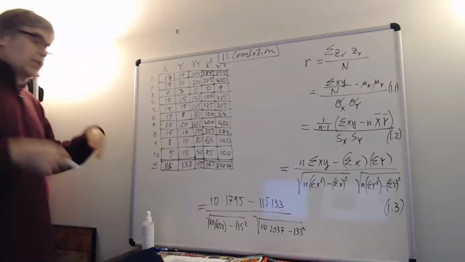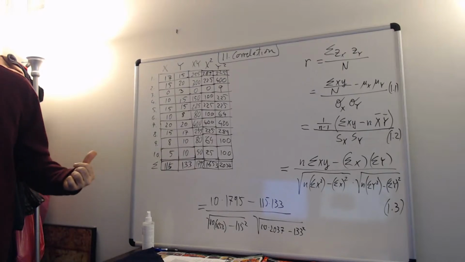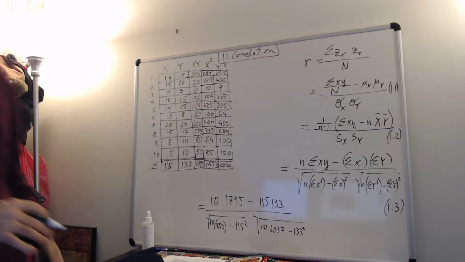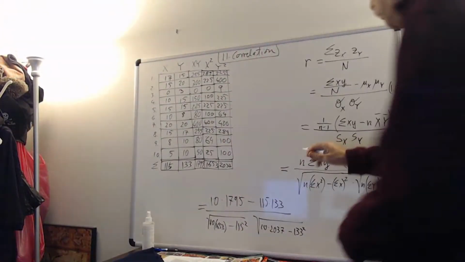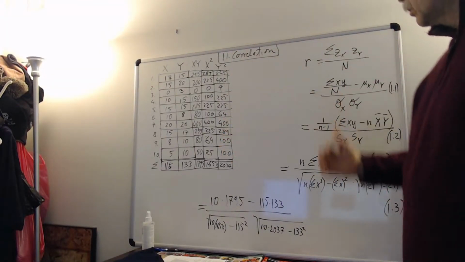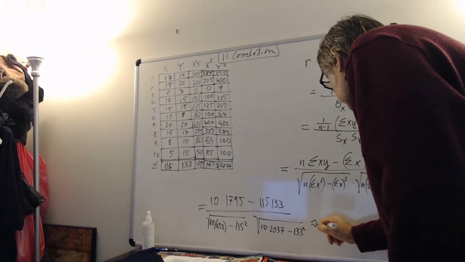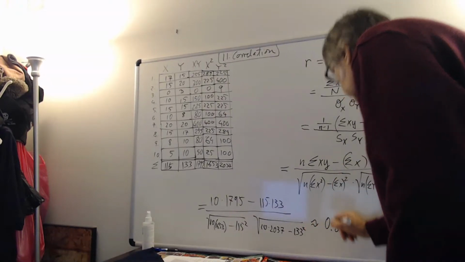So this is a straightforward plugging in. You have this table done, so you just plug those values into the formula. This is the most practical formula because once you have this table, all you have to do is plug in those values. And again, you will get 0.89.